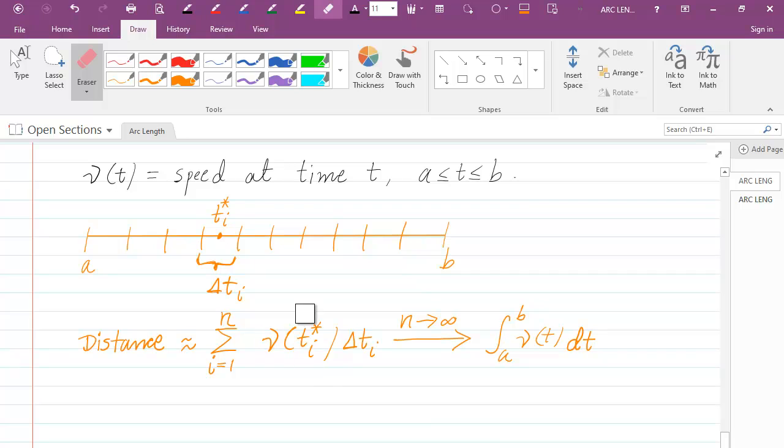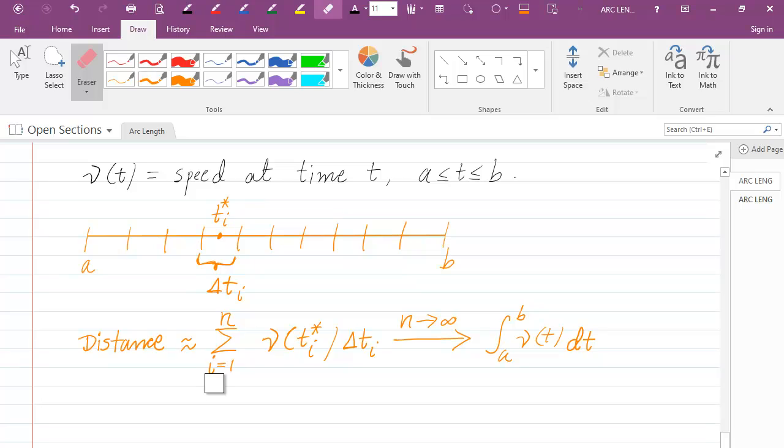So v of t_i star is the average speed over this tiny period. If I multiply that by the length of this period, let's say delta t_i, that's rate times time. That's the distance covered over this subperiod.